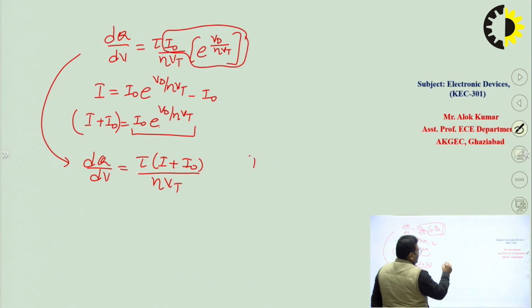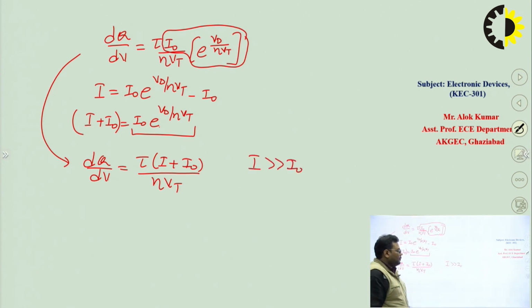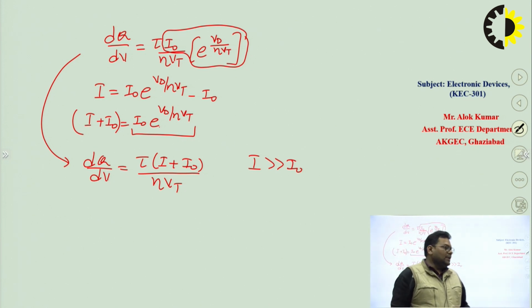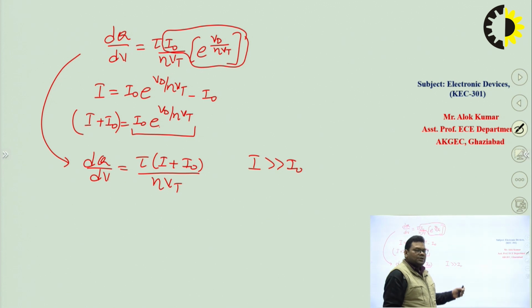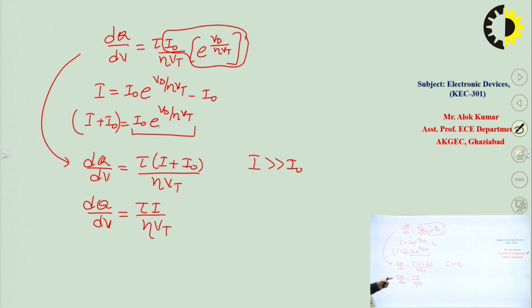Now as I know that I is very much greater than I naught, because I is the forward bias current, and I naught is the saturation current. I generally we can take in milliamperes, and this saturation current is very small, we take it in microamperes. So I can neglect this I naught. So dq by dv is equal to tau into I upon eta Vt, and this is nothing but the rate of change of charge with respect to voltage.